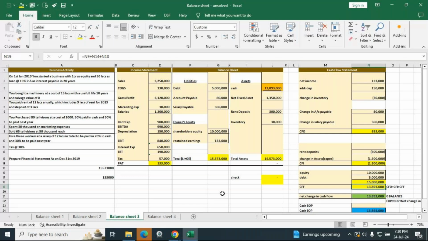If I have to explain from the beginning, I'll explain this balance sheet 3 tomorrow, and then we will proceed with balance sheet 4, and then we will go further. I wanted you people to solve it. If not understanding, never mind. If you are having any doubts, you can ask. So today I will wind up the session.